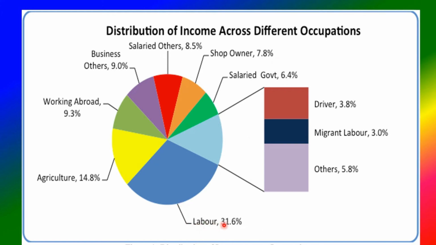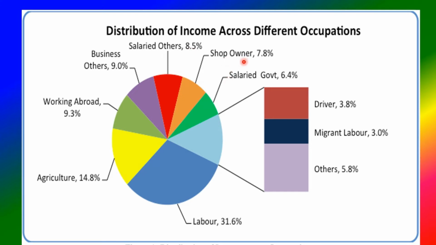Laborers 31.6 percentage. Agriculture 14.8 percentage. Working abroad 9.3 percentage. Business 9.0 percentage. Salaried others 8.5 percentage.